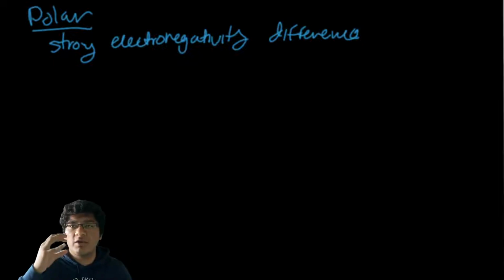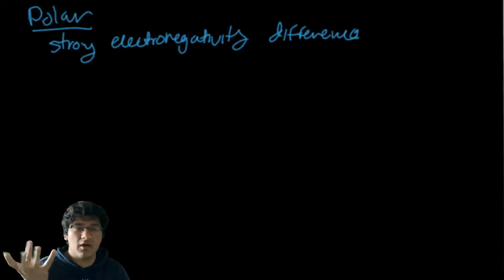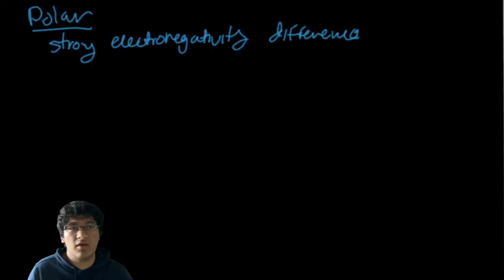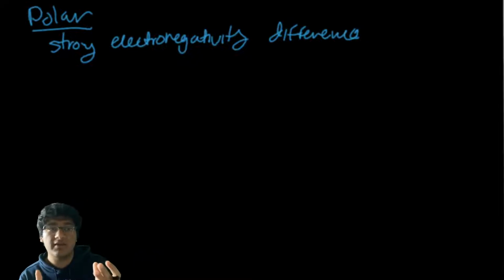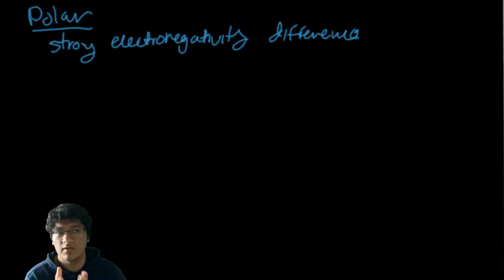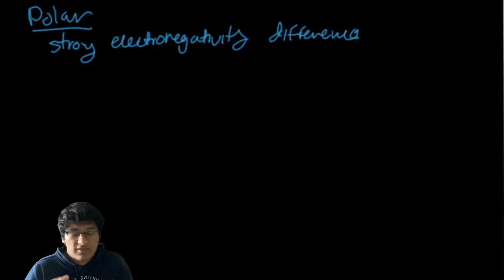If one person on one end weighs 60 kilograms and the other weighs 40 kilograms, it's going to tilt towards the 60 kilogram person, because of the unequal force of gravity. That's similar to what's happening with polar molecules: there's an unequal charge distribution.